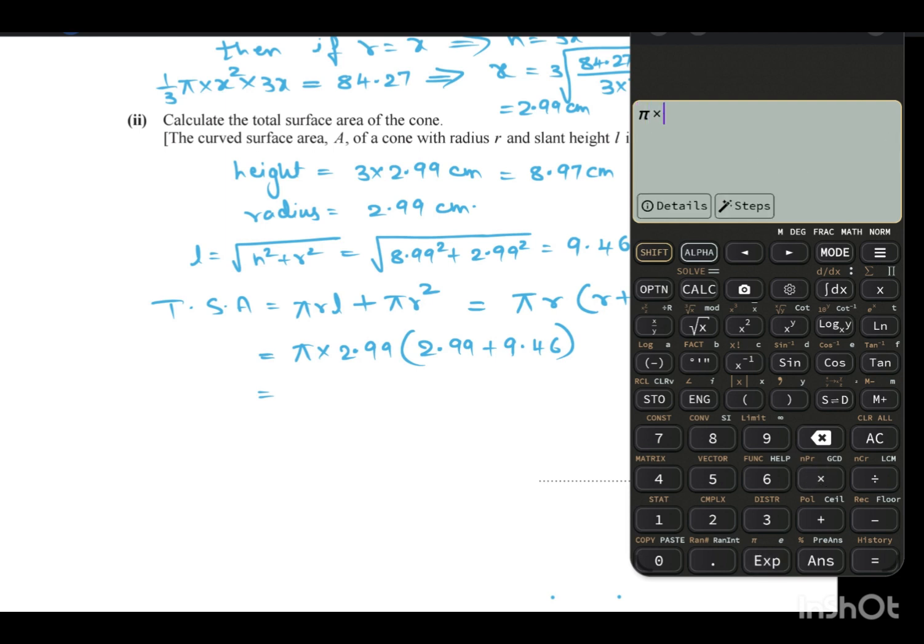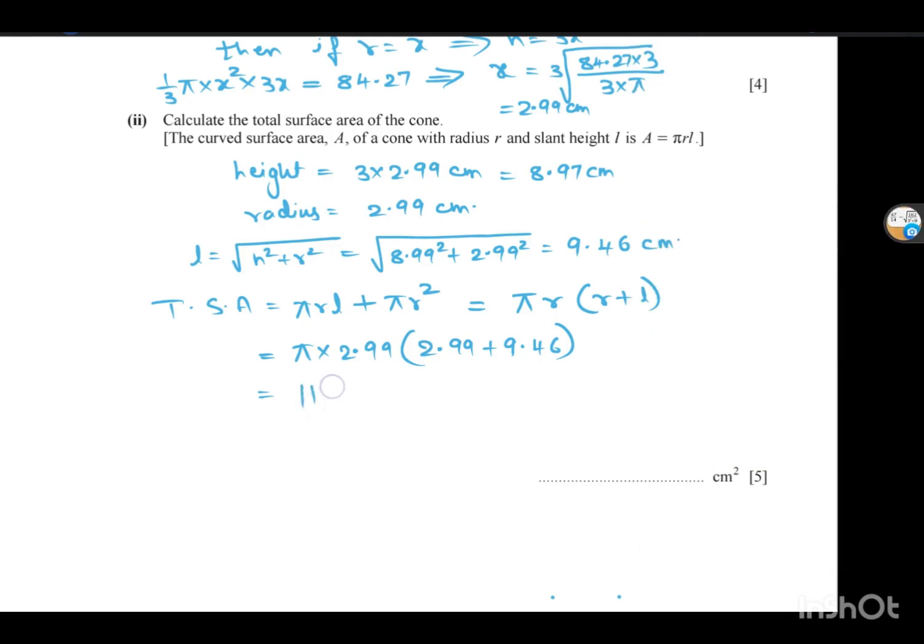Pi into 2.99, open the brackets, 2.99 plus 9.46, close the bracket. So the answer is 116.947 centimeter square. Round it to 2 decimal places, so 116.95 will be the answer.